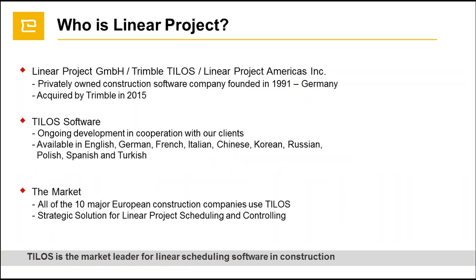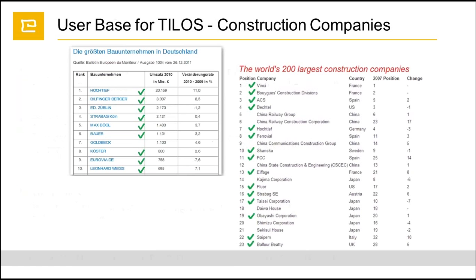It's been in the market for more than 20 years. For now, TILOS is available in more than 10 languages, and the top 10 major European companies are using TILOS for their projects.